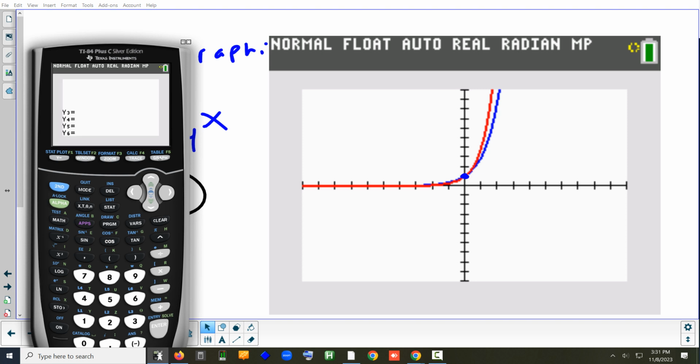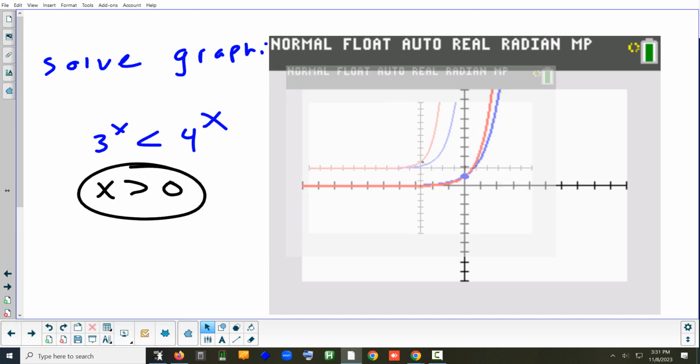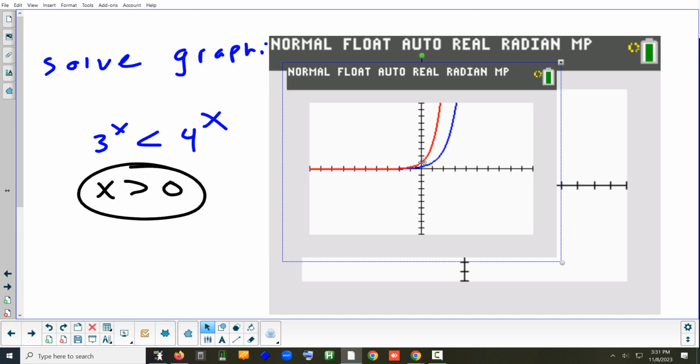So now, let's see what happens. Okay, so now there's your blue one and your red one. So if the blue one goes to the right one, let's see. So it moved right. So that means I think they're going to cross earlier.